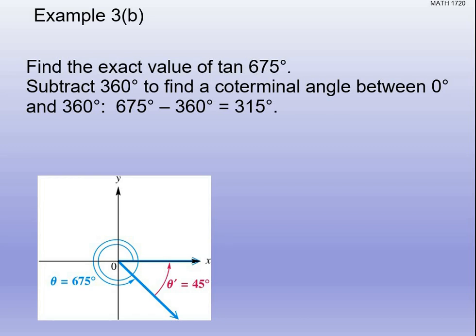You're going to get 45 degrees. Or you could have taken 675 minus 360, that's what's remaining, and get 315. And then know 360 minus 315 is 45 as well. So you could have done it either way. I would have gone, hey, I know that 2 rounds is 720, 720 minus 675 is 45. Now I have my reference angle.